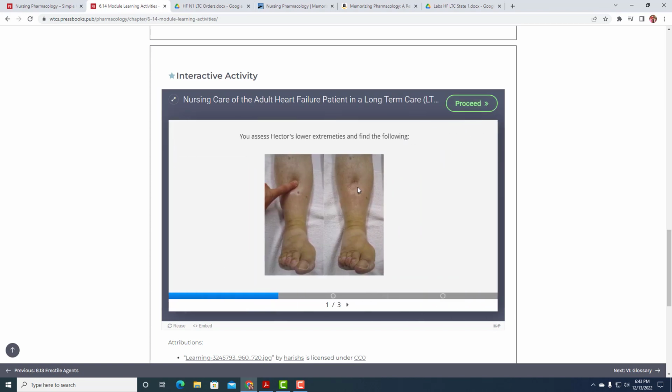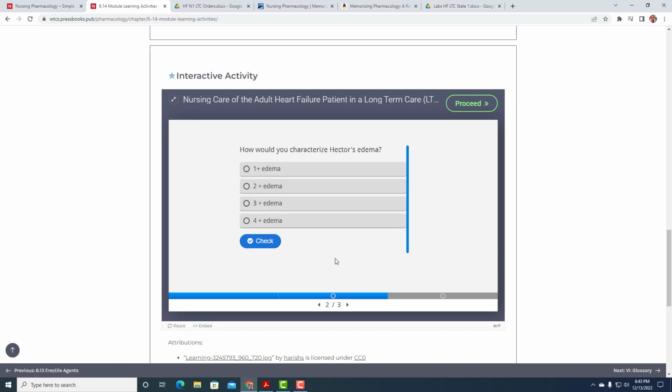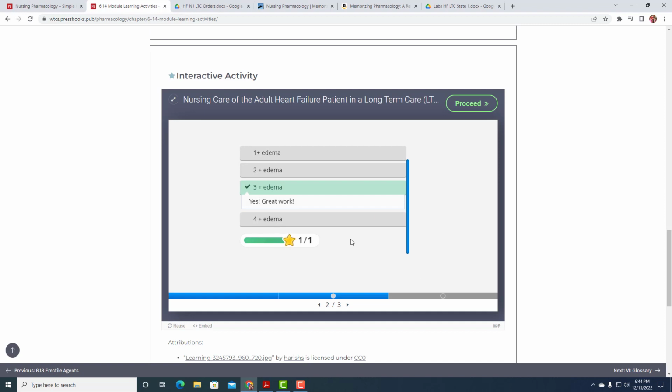You assess Hector's lower extremities, and you have to see it to find the following. How would you characterize Hector's edema? Would it be 1+, 2+, 3+, 4+? Again, this is a video, so if you didn't see it, unfortunately, I can't really show you. We're going to see 3+ pitting edema.